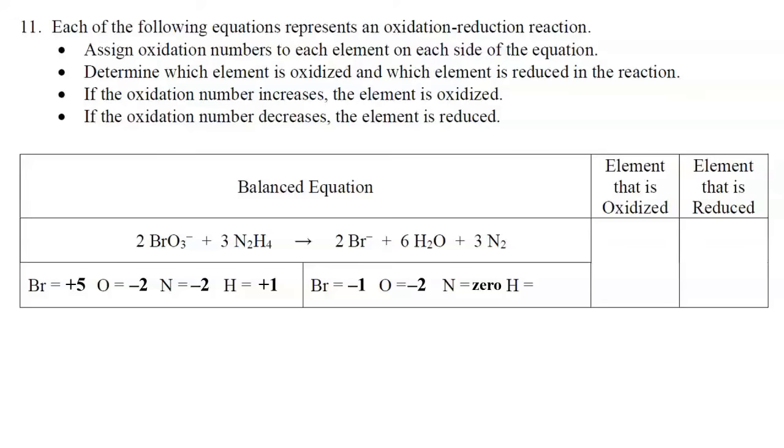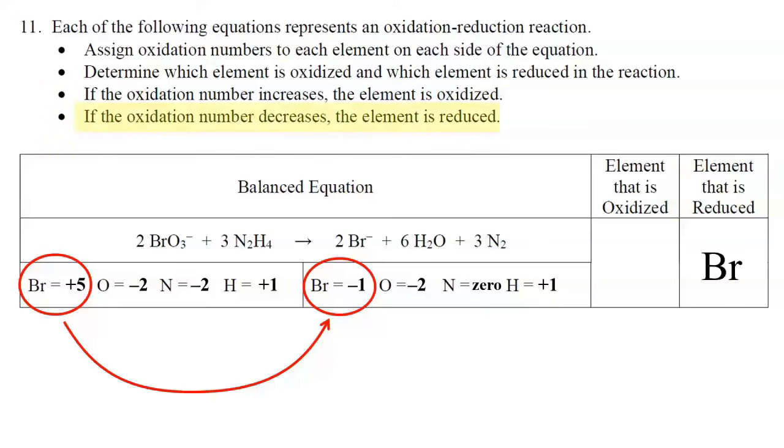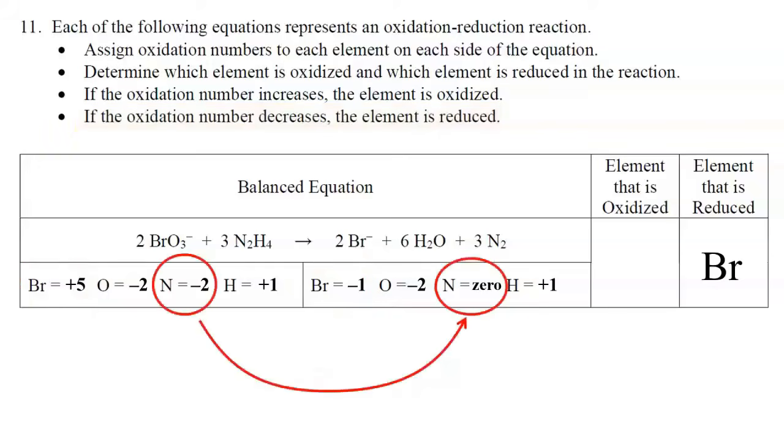Nitrogen is in elemental form, so it's 0, and then hydrogen is +1. Let's see what's changing. So bromine is changing from +5 to -1. If the oxidation number decreases, the element is reduced. So bromine is being reduced from +5 to -1. Nitrogen is changing from -2 to 0. So if the oxidation number increases, the element is oxidized. So nitrogen is oxidized from -2 to 0.